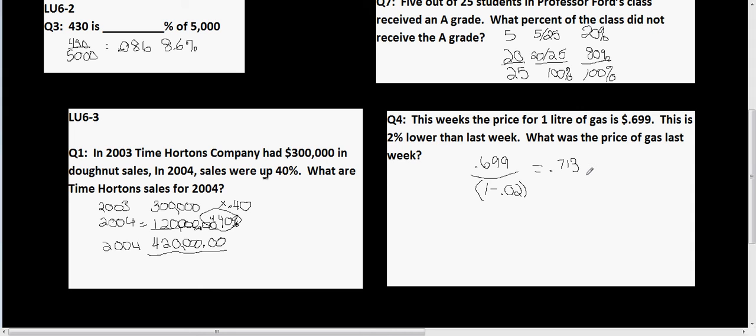How can we test that out to make sure that that's right? Well, let's take what we found as our solution, 0.713, and let's multiply that times 2%. What does that give you? 0.014.